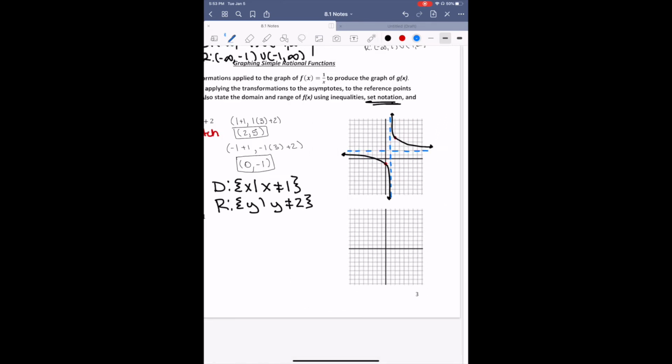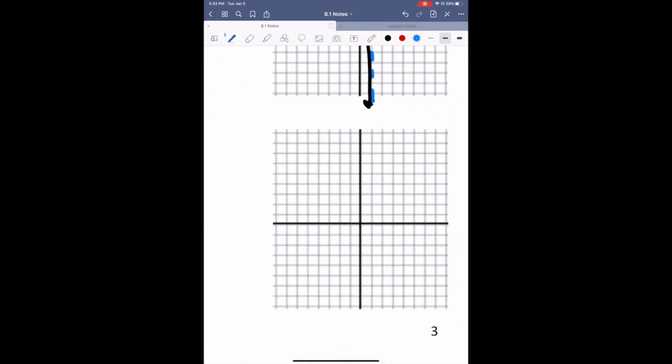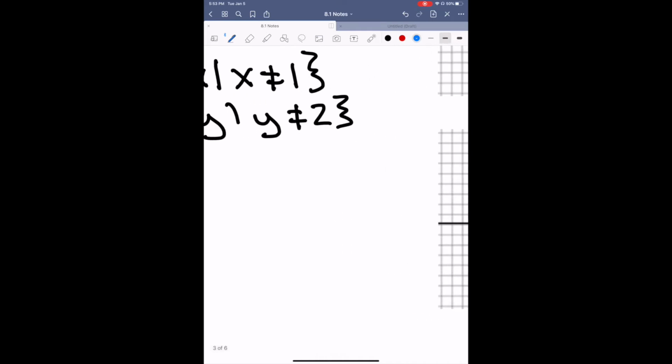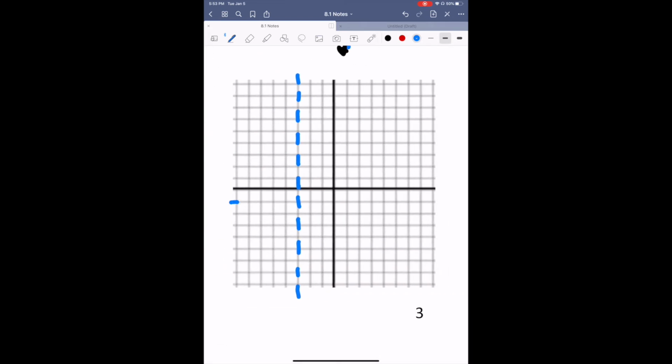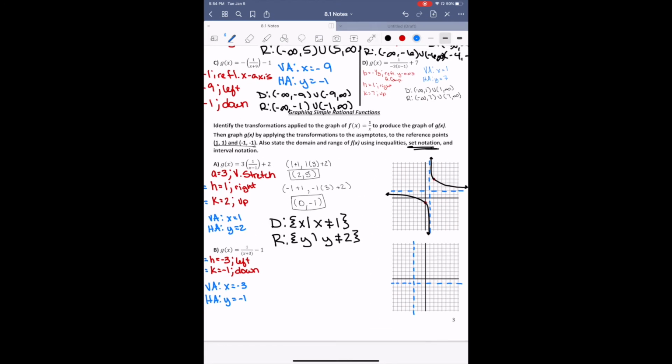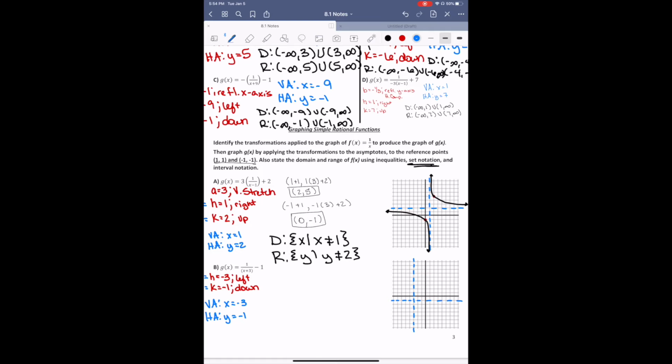So x equals -3, and y equals -1. Remember, these are just our guides. They are boundary lines. Now, identify your reference points. Where are the reference points located?